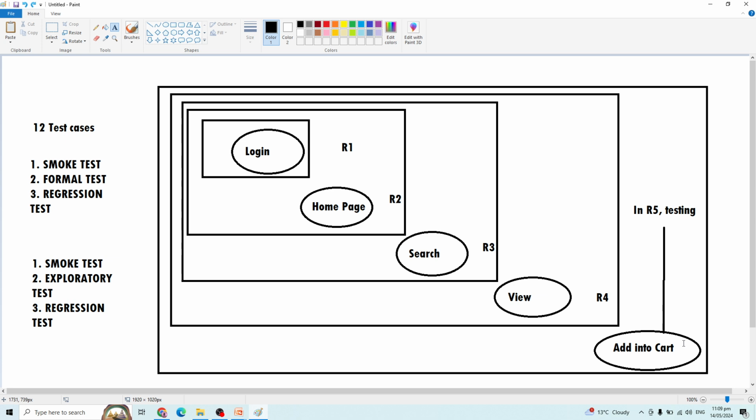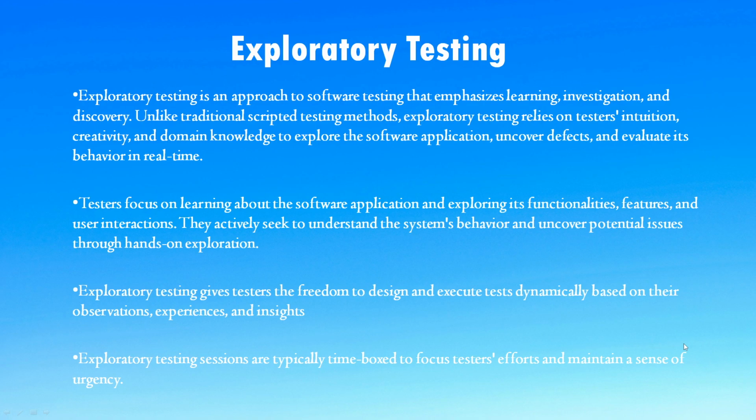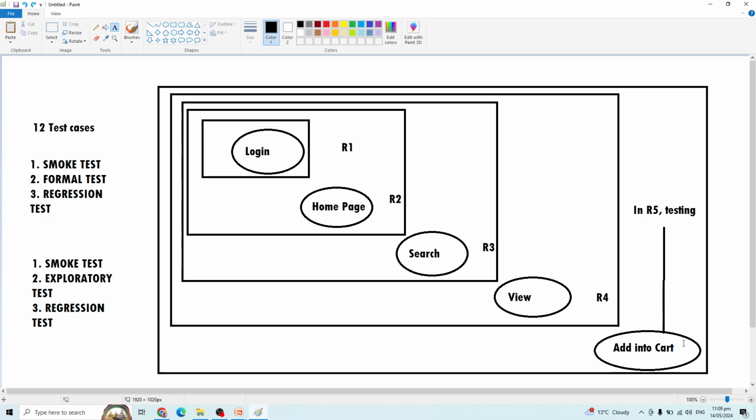You need a good set of experience and good domain knowledge, which helps to do exploratory testing faster. It's a dynamic test type, so you have to perform the testing dynamically.